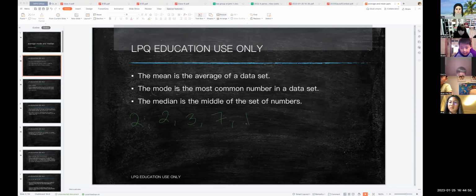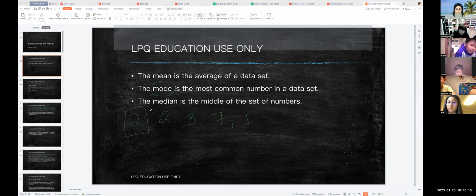In order to find the mode, that is the most common number in the data set. What does it mean? It means a number showing up very often, right? Enzo, can you tell me which number is the most common here? 2. Very good.